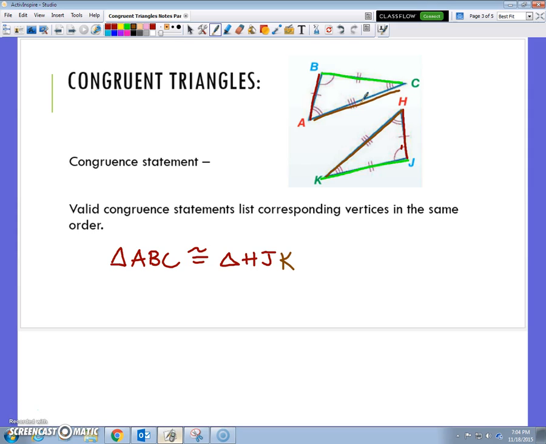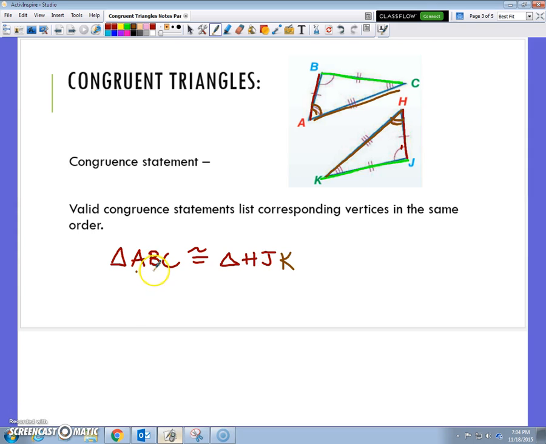And so as you can see, not only are each segment AB and HJ the same, BC and JK, CA and KH, but also the angles should be lined up exactly the same. So let's look at angle A right here with the 2 dashes, and angle H should also have 2 dashes.